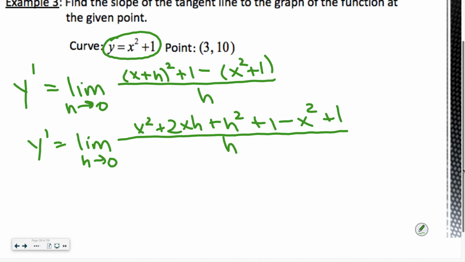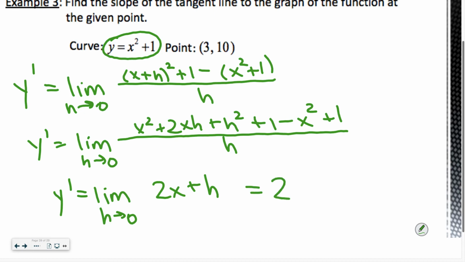From here, the h cancels out too, so you should be left with 2x plus h, and then you can plug in zero. So you should end up with 2x plus h to evaluate the limit of, and when you evaluate the limit, you should get 2x when you plug 0 in.